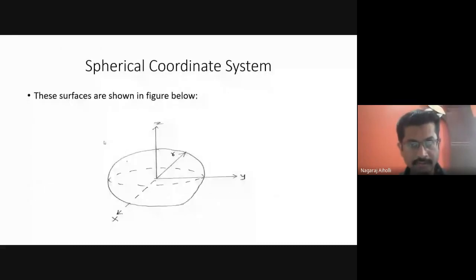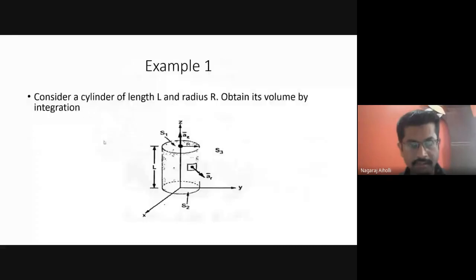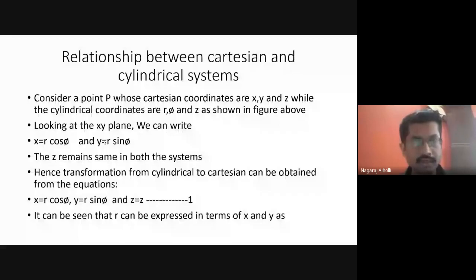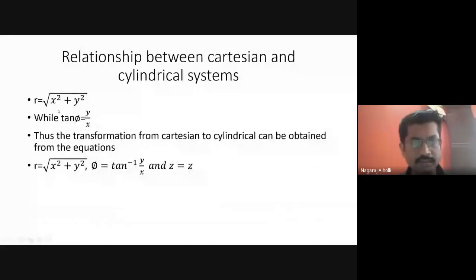Here it is, Cartesian to cylindrical: r is equal to square root of x square plus y square, phi is tan inverse y by x, or tan phi is equal to y by x, and z equal to z. Let us use these equations in converting from Cartesian to cylindrical.